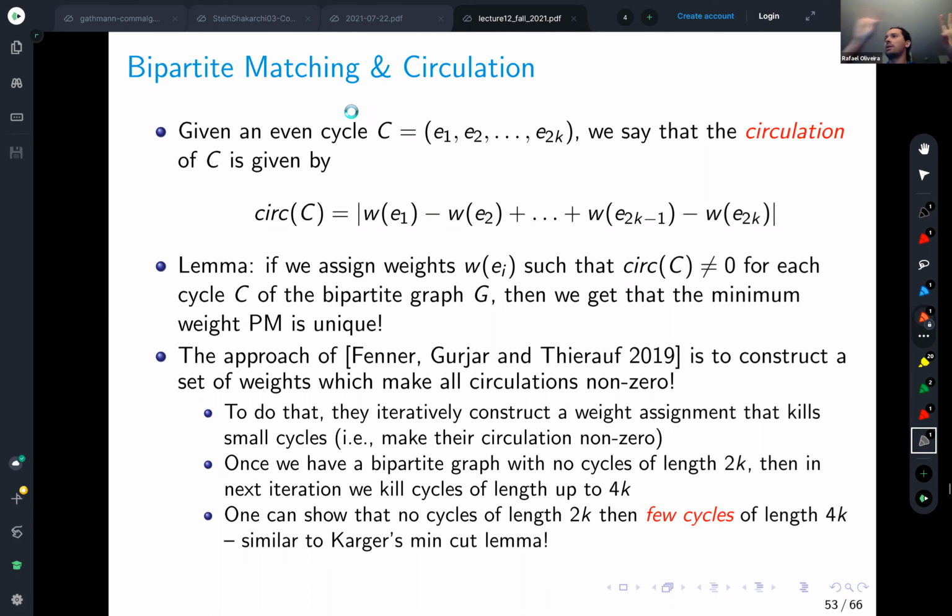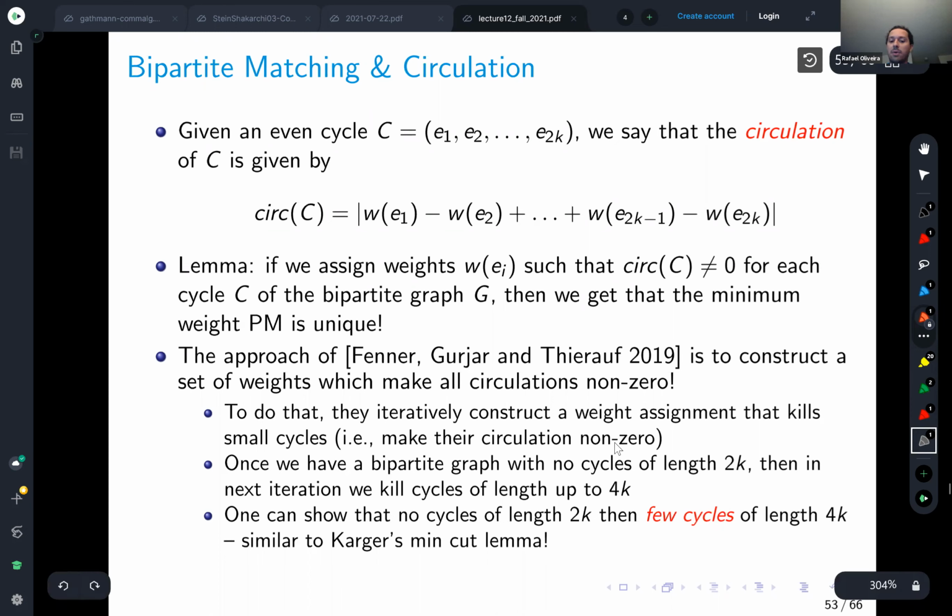So they construct another graph which does not have cycles of length up to 8, let's say. Now that I have handled the weights all the way up to 8, and this new graph does not have any cycle of length smaller than 8, let's handle all the cycles between 8 and 16, right? So that's what they do.